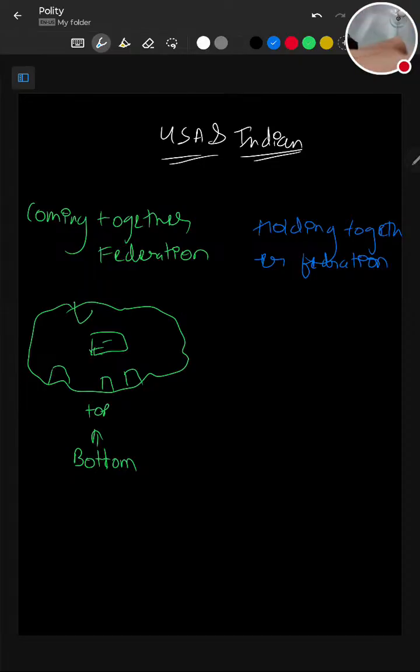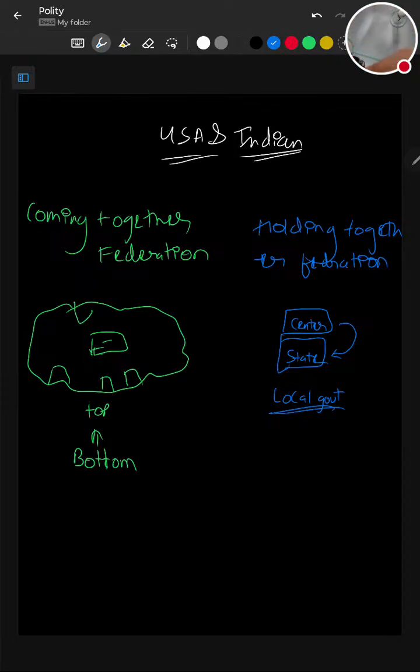Now India is top to bottom, as we have the center, then we have the state, then we have the local government. Here the decision goes from the center, then the center makes the decision, and that goes to the state.